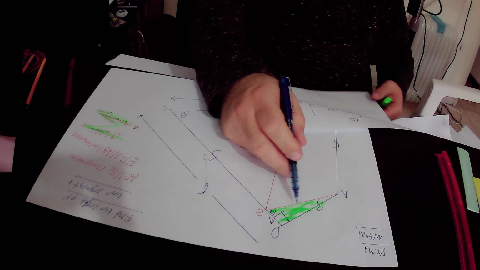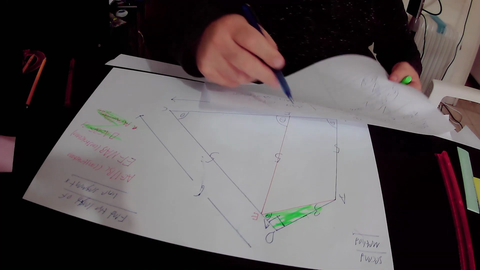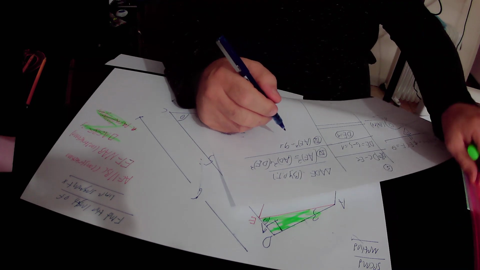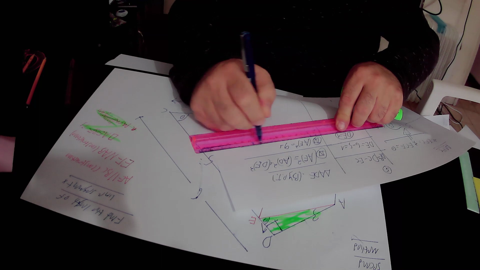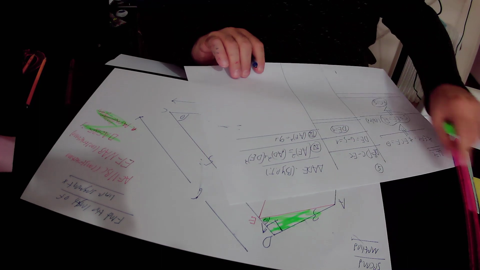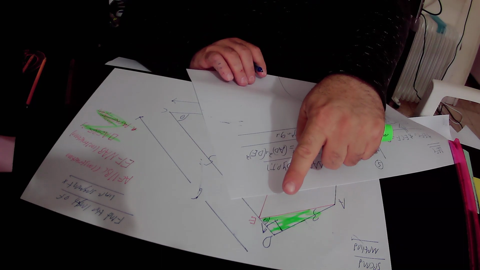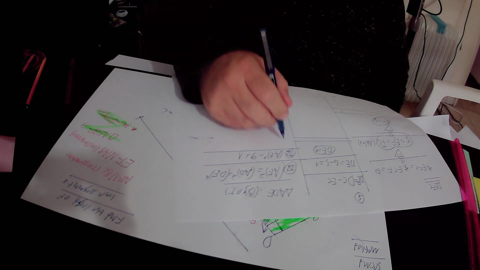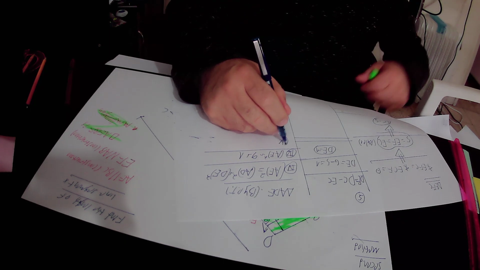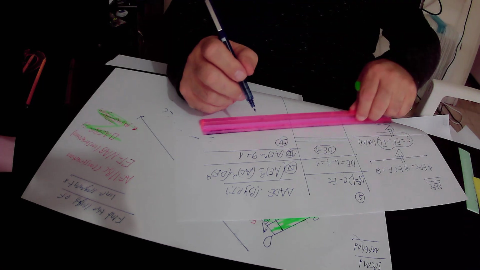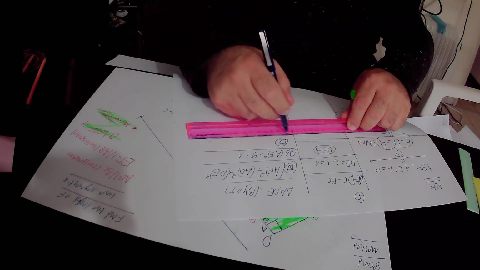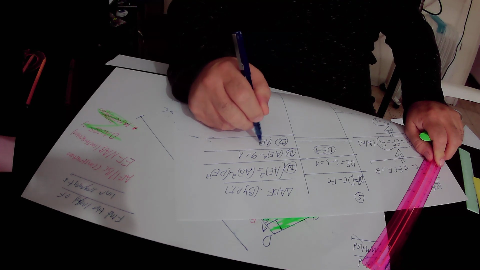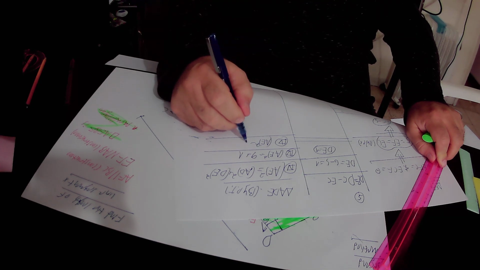AD equals 3, so AD squared is 3 squared, that is 9, plus DE squared. DE equals 1, so DE squared is 1. So AE squared equals 9 plus 1, that is 10.